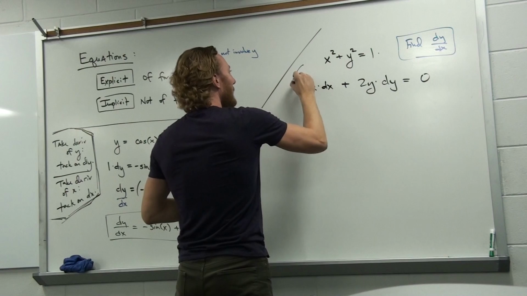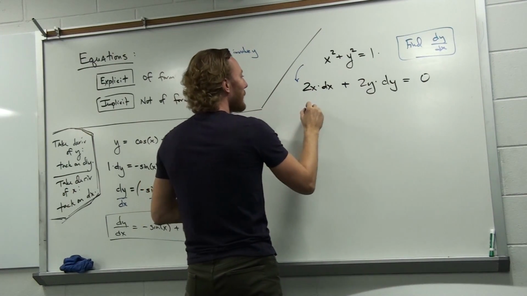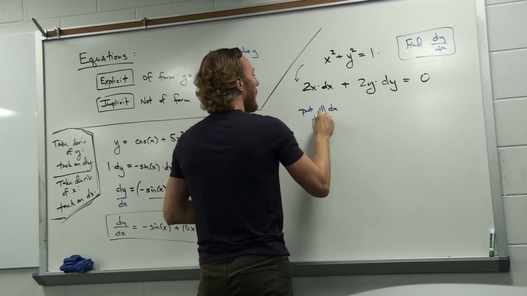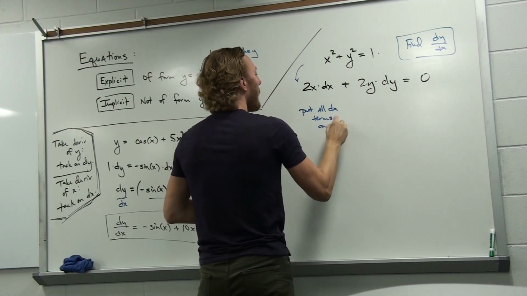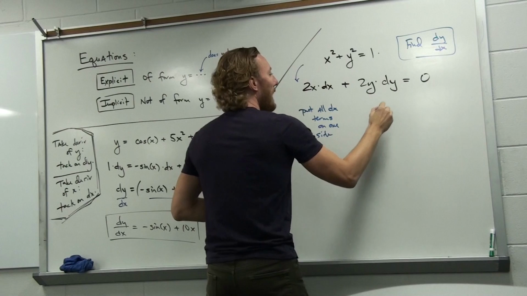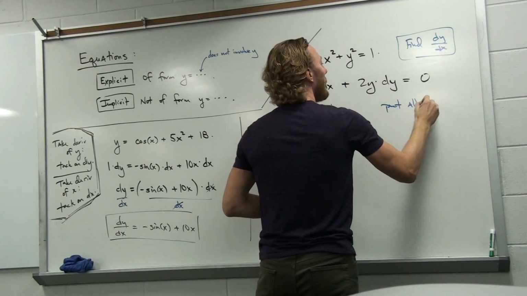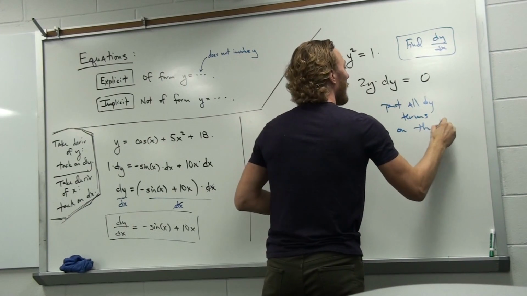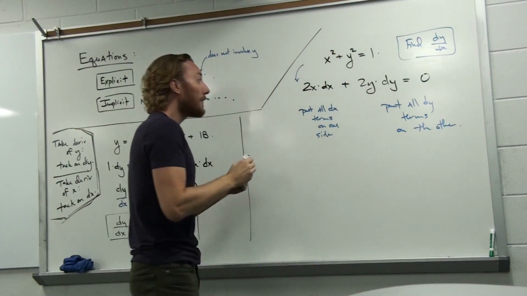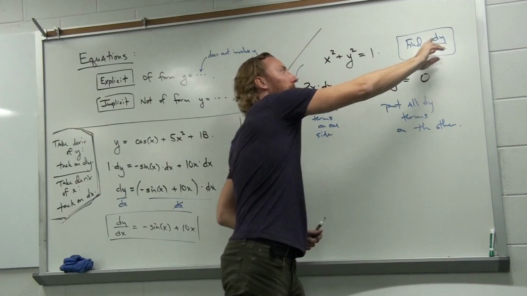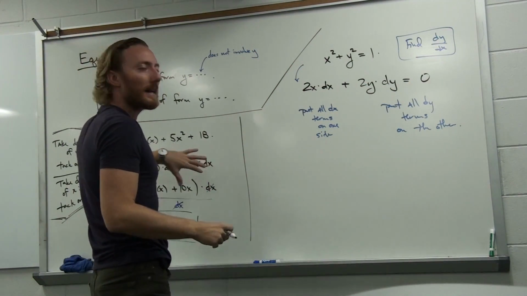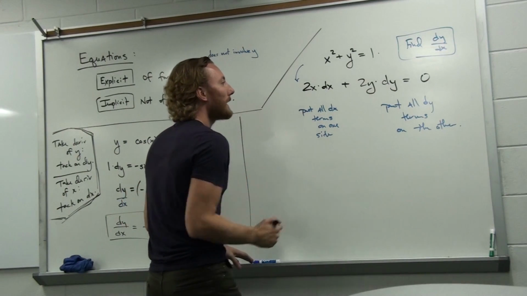Well, after we take the derivative, the next thing we're going to do is put all the dx terms on one side and put all the dy terms on the other. And if we do this, I claim this is going to put us in a position where we can get the dy over dx more easily. So let's put all the dx terms on one side, all the dy terms on the other.